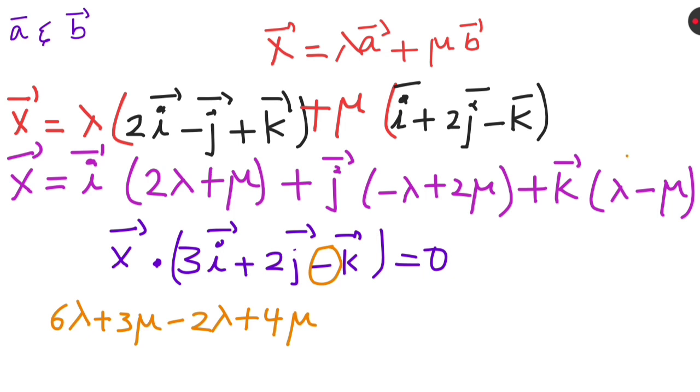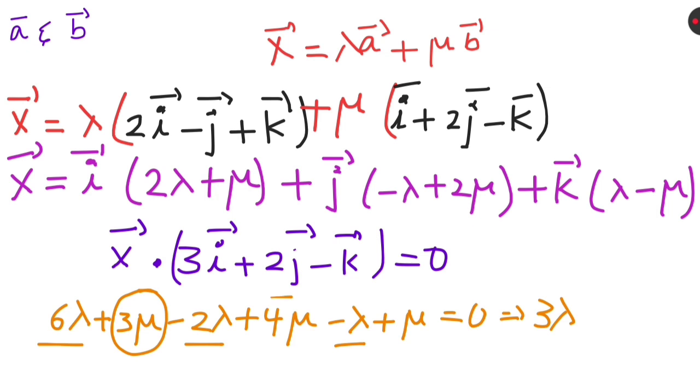Minus 1 times lambda minus mu, which gives minus lambda plus mu, that is equal to 0. Here 6 lambda minus 2 lambda, which is 4 lambda. 4 lambda minus lambda, which gives 3 lambda. 3 mu plus 4 mu, which is 7 mu, and plus mu, which gives 8 mu. So 3 lambda plus 8 mu is equal to 0. Let's consider this as equation 1.